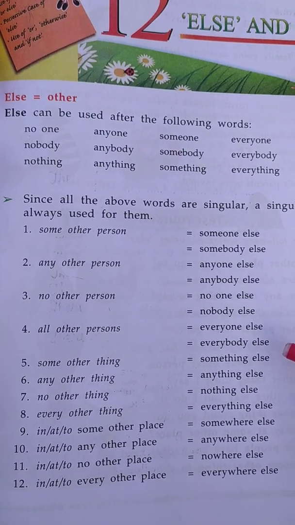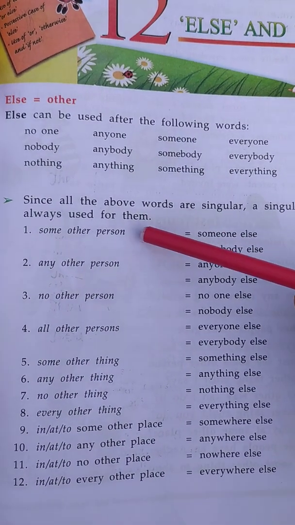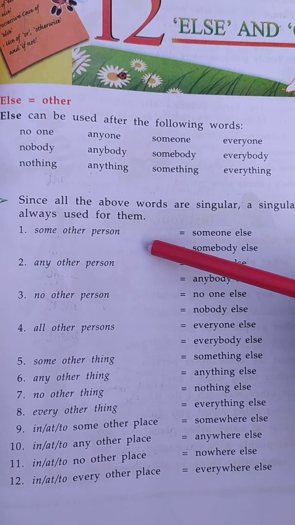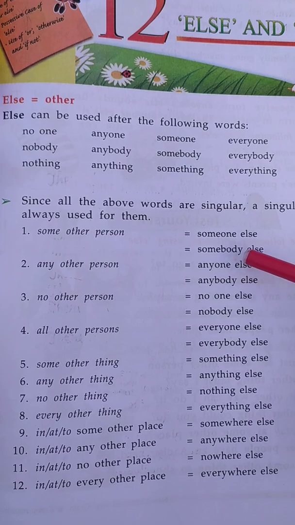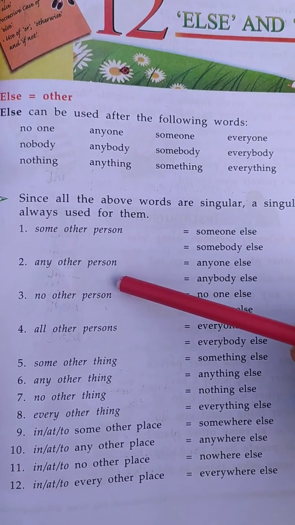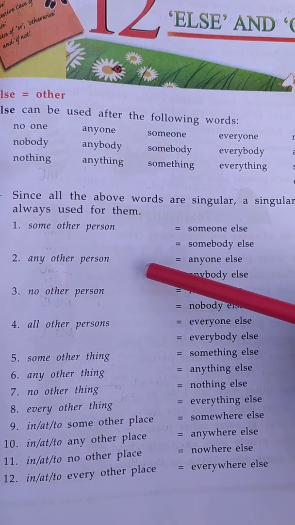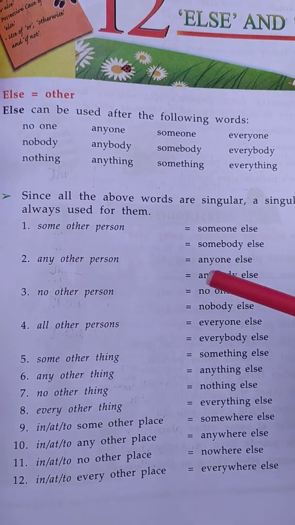Again, I am telling these 4 sentences. Number 1, some other person. We can tell this sentence using else, someone else or somebody else. Number 2, any other person: anyone else or anybody else.